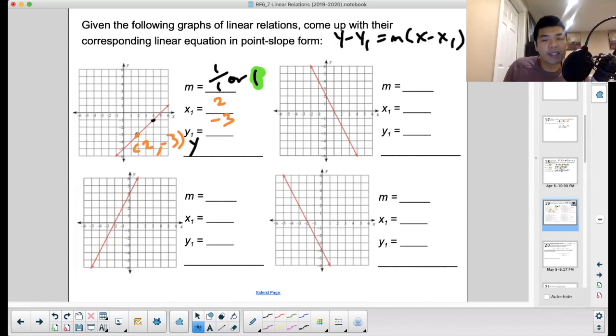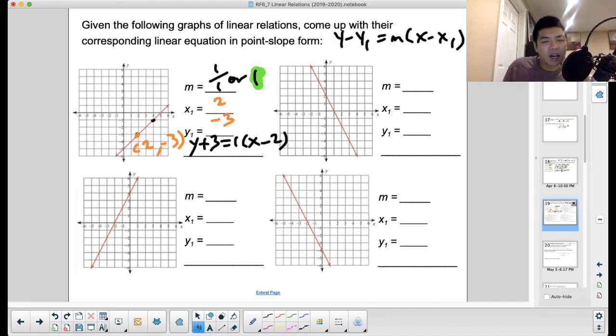So if we're subtracting a negative 3, we are adding 3. So y plus 3 is equal to m. In this case, m was 1. So we can have 1 like so, and we put the bracket beside there. So 1 times x minus x1, so x minus 2.